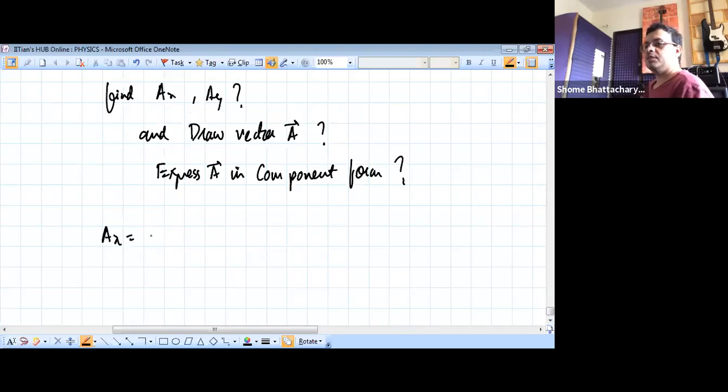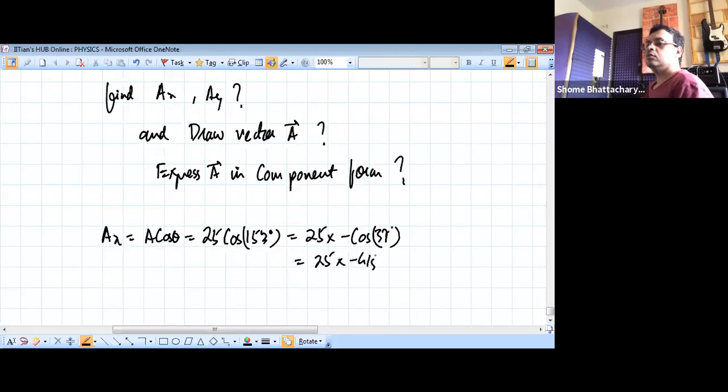If I go by the formula based method, x component is E cos theta. So that is 25 cos 153. In the formula based method, I'll have to use the second quadrant formula. So this will be minus cos 37, so that will be 25 into minus 4 by 5, so minus 20. So Ex will become minus 20.